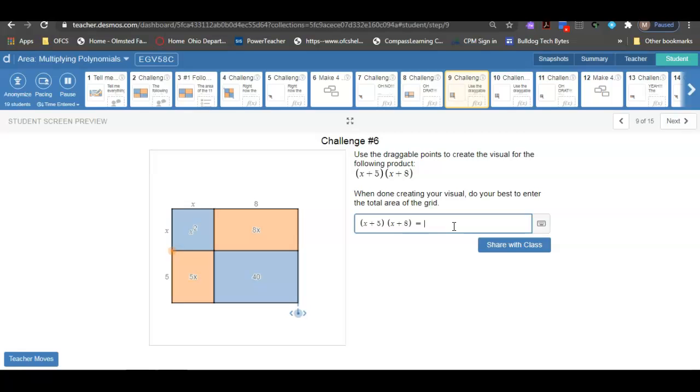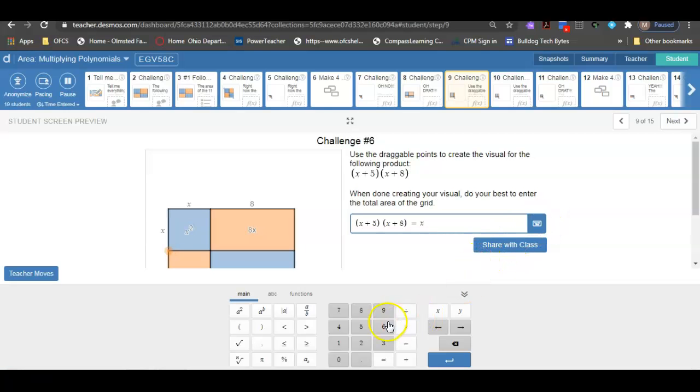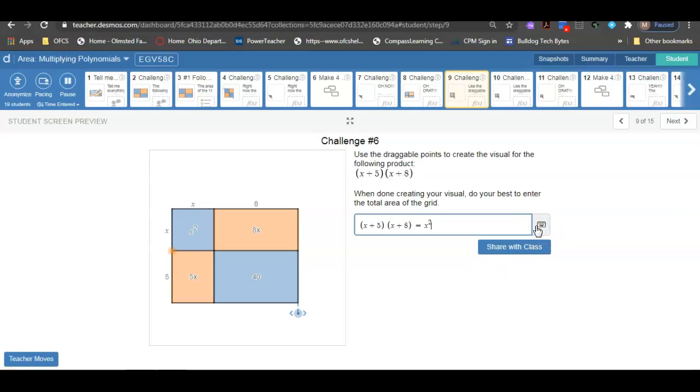And now we'll do the area as a sum. This box here, again, x times x, that's x squared. And then this orange box on top has dimensions of x times 8, so that's plus 8x.